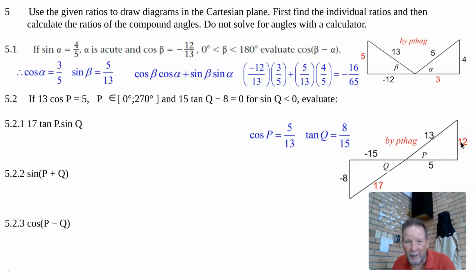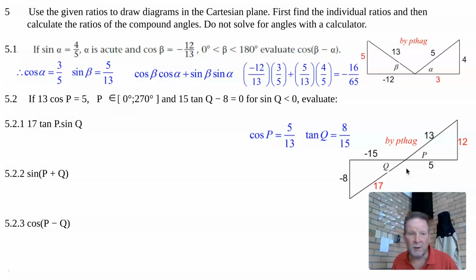Well, by Pythagoras, 13 squared minus 5 squared, you get 12 there. And here, if you go minus 8 squared minus 5 squared, add them and take the square root, you get the hypotenuse here.